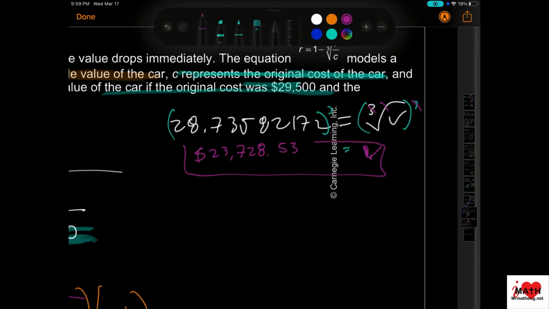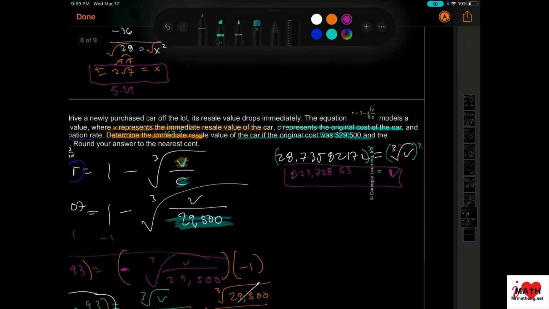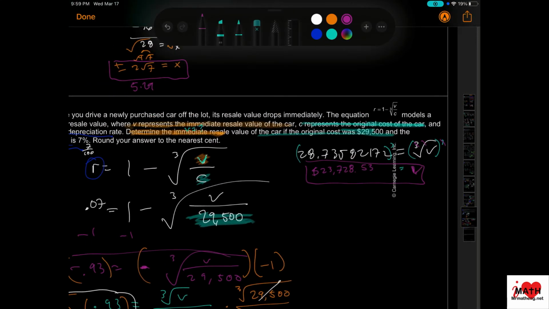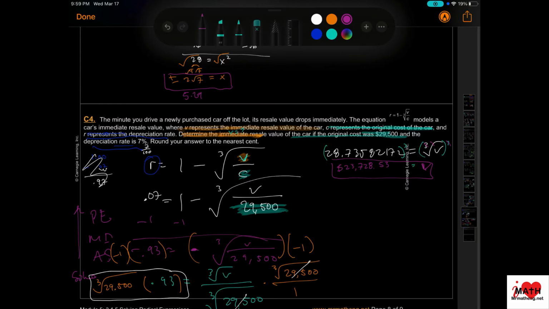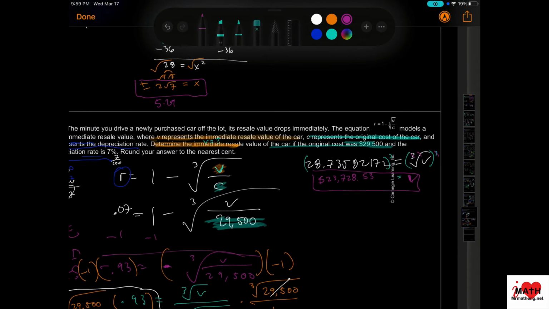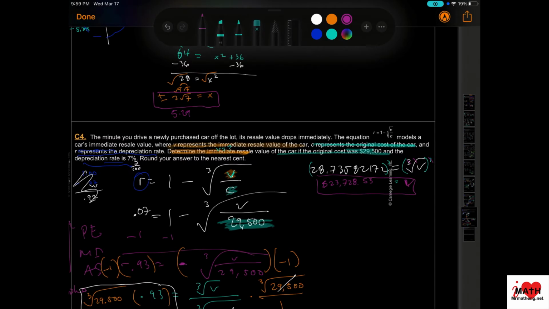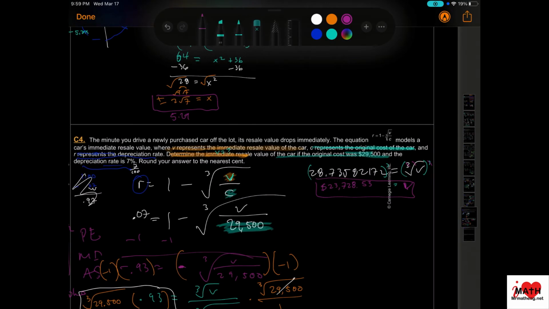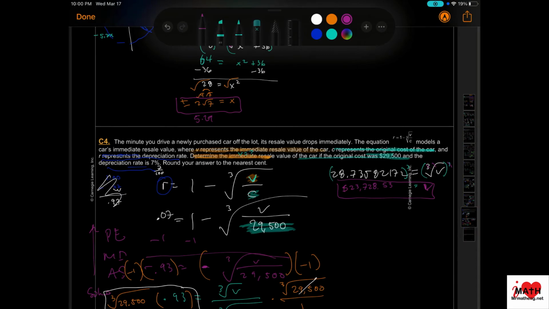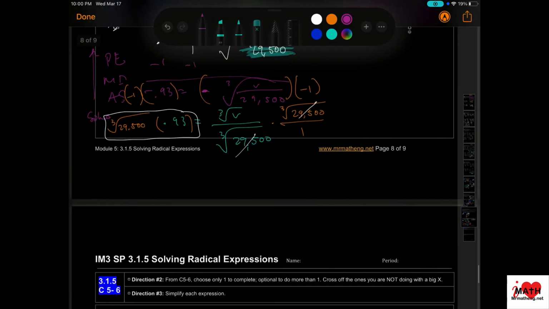So what's the value of the car with a depreciation of 7%? You're losing about $5,000 or $6,000. That's amazing, right?